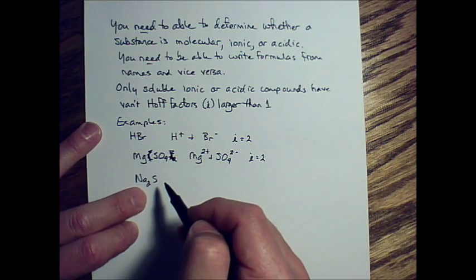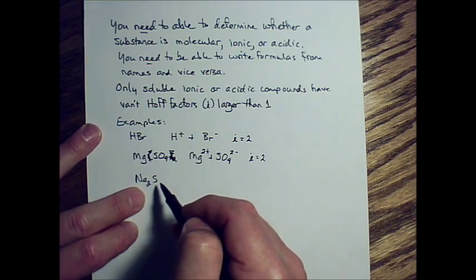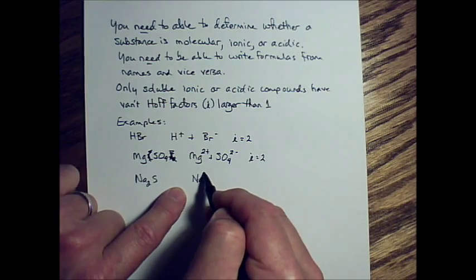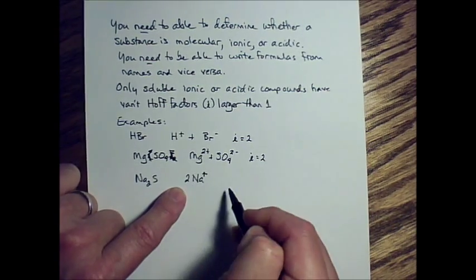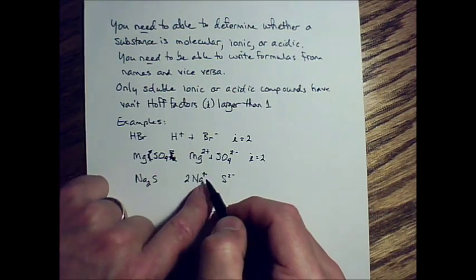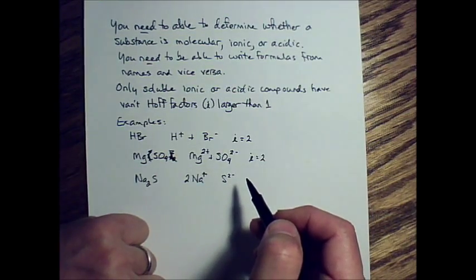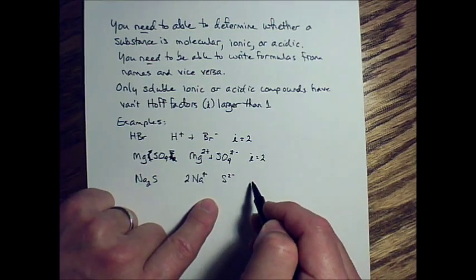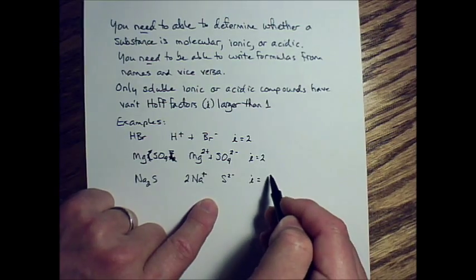You look on the solubility rules to know for sure. This one does. It's made of 2 sodium ions and one sulfide ion with a 2 negative charge. Those charges you can find on the periodic table with oxidation numbers in your test references. That's a total of 3 particles.